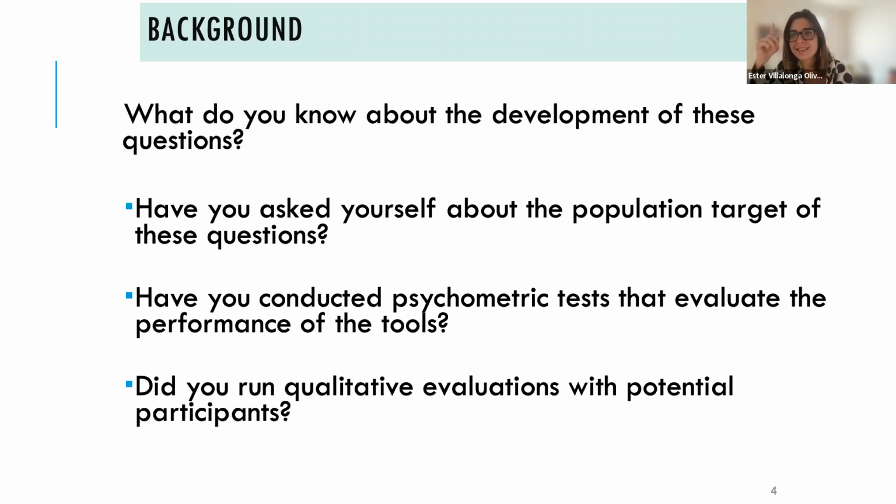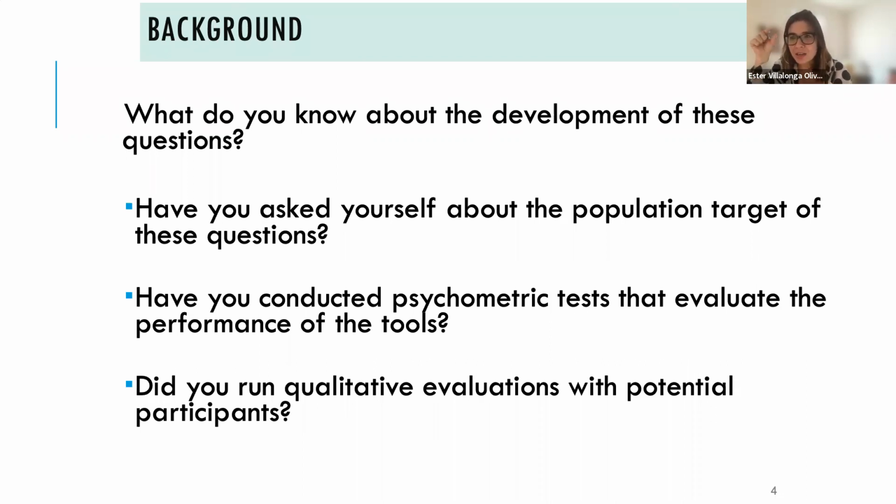But let's think about all the answers you gave me. There's a variety of indicators here. I wanted to know, what do you know about the development of these questions? Have you asked yourself about the target population of this question? When a tool is developed, usually we have a target population. It can be immigrants, it can be people that are 65 and older.